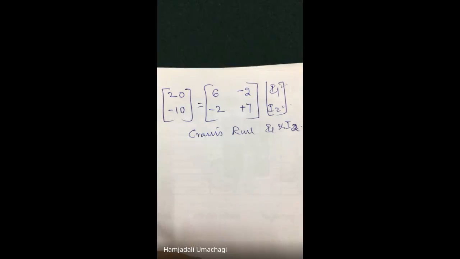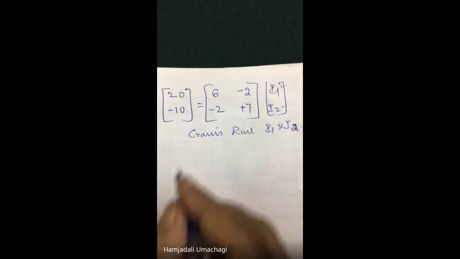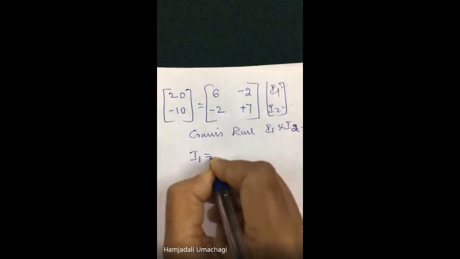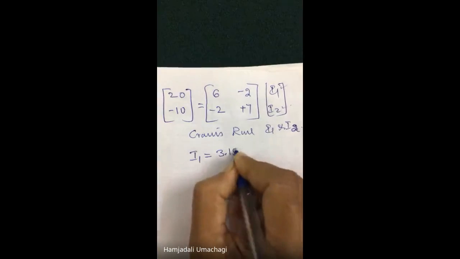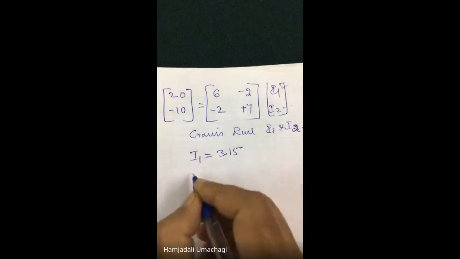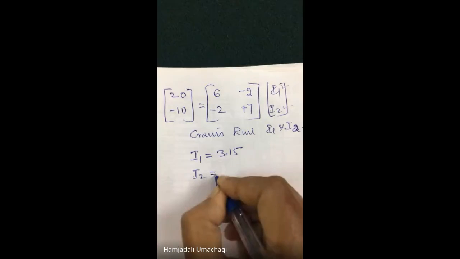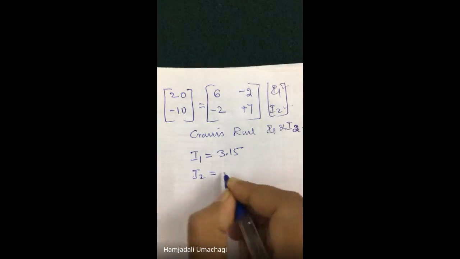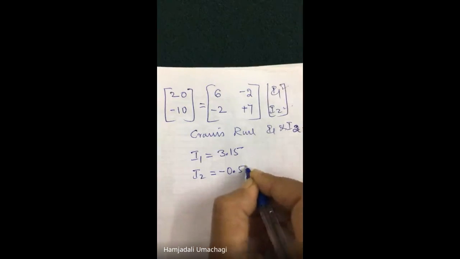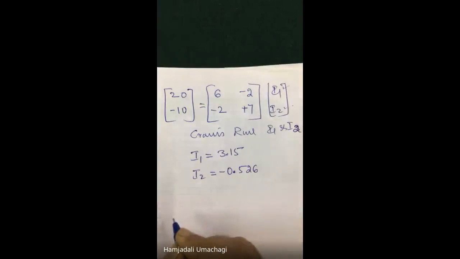I evaluated both the currents by using Cramer's rule. So the respective answers are I1 equal to 3.15, and I2 equal to minus 0.526.